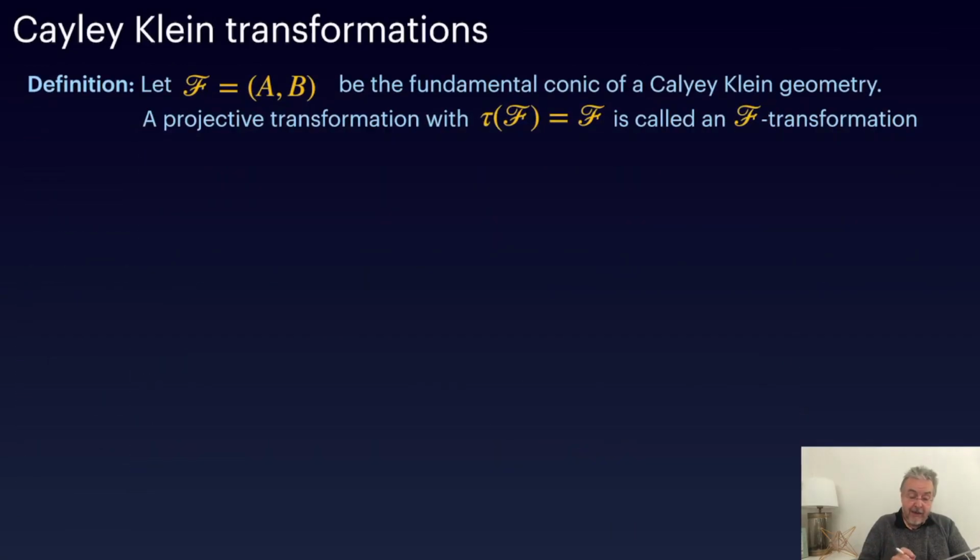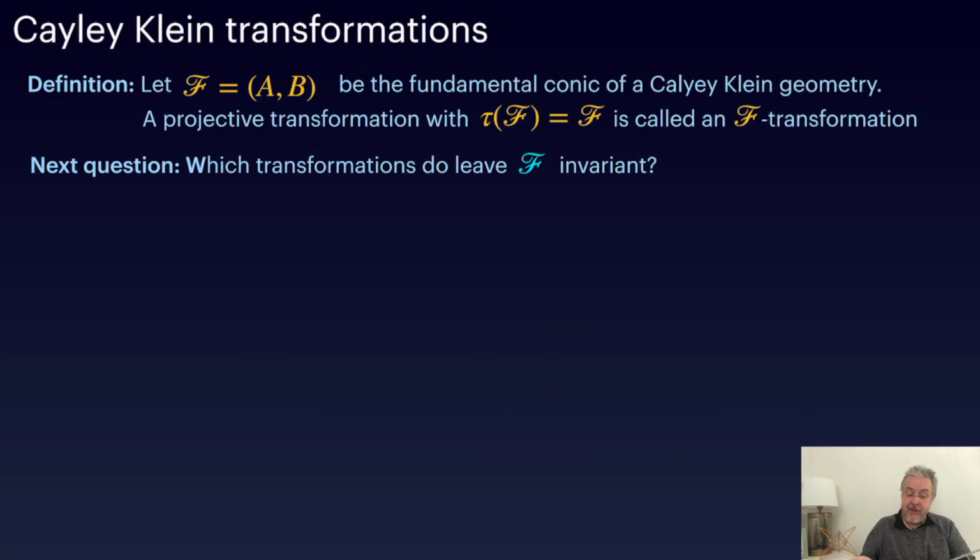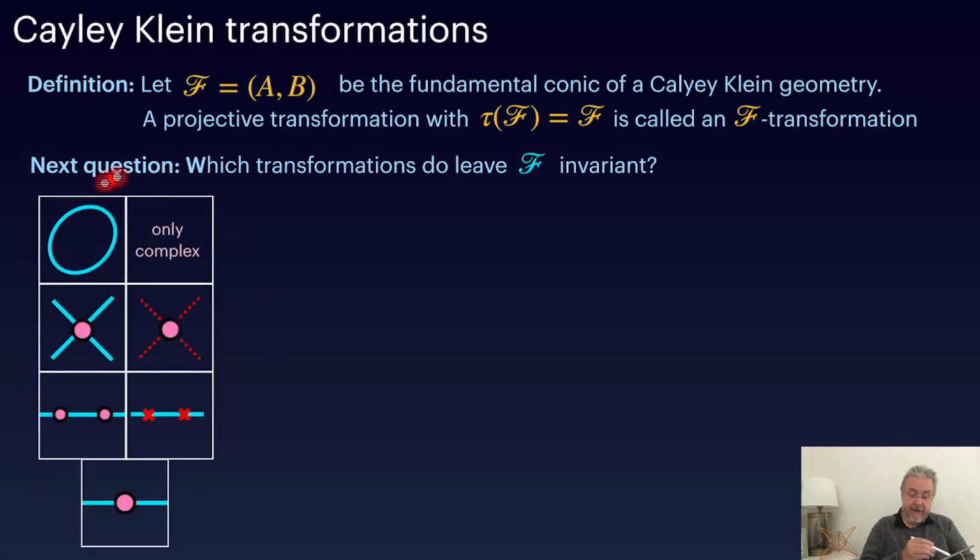So the next question that arises here is, which transformations do leave F invariant? And again, we have to study our 7 different cases of how conics are classified up to projective transformations. If we understand those 7 cases, we understand everything for all conics, because these are the 7 cases that cannot be projectively transformed into each other. So if we have an arbitrary conic and we want to study the transformations of this associated Cayley Klein geometry, we first look to which of those cases it belongs.